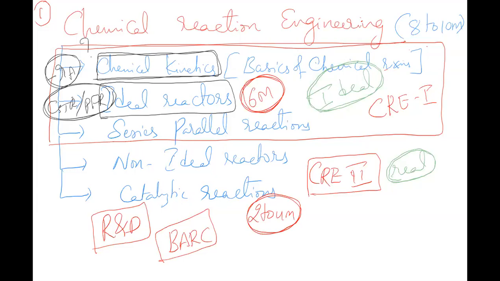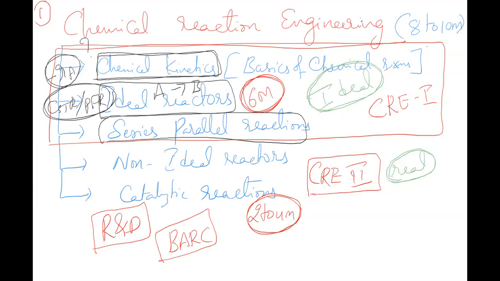If you understand the flow, first you understand about the reaction, then you go for reactors. Third thing, what do you do in series parallel reactions? In the second chapter you talk about a simple reaction of A gives B. You will not talk anything about complex reactions.